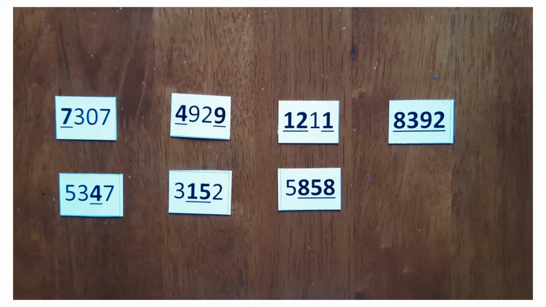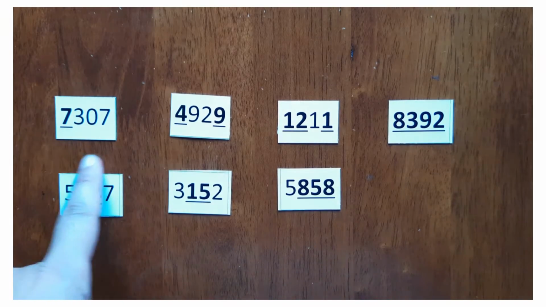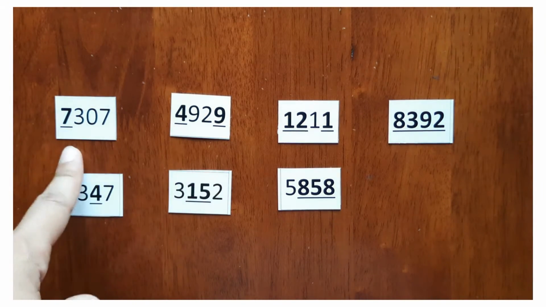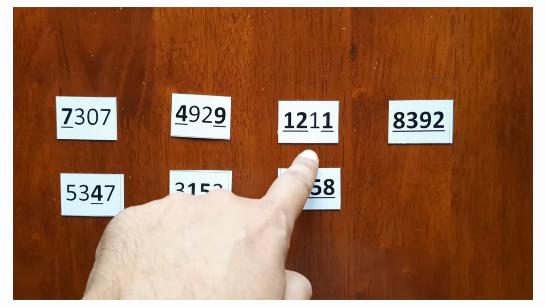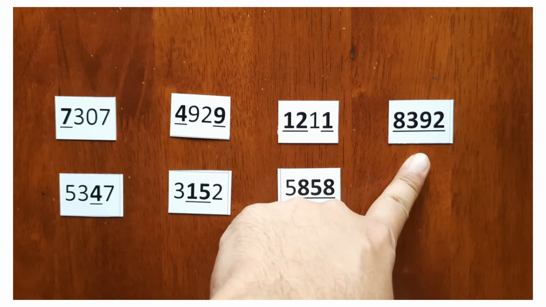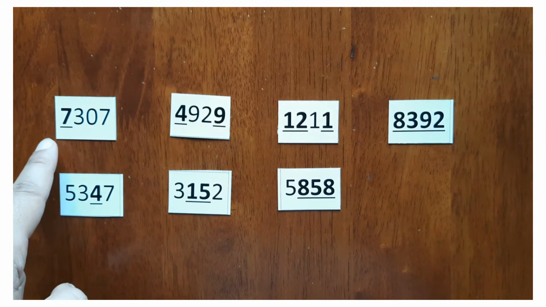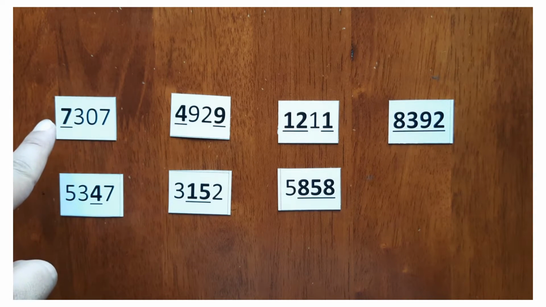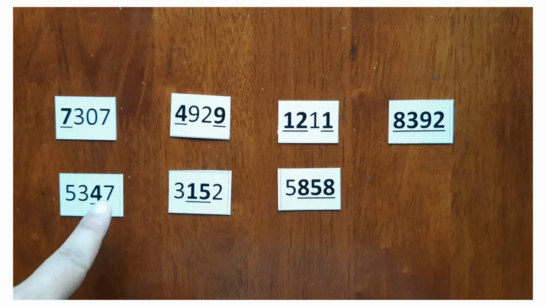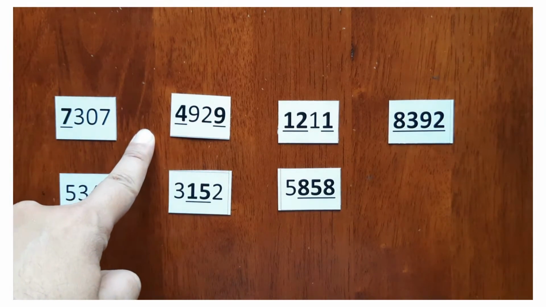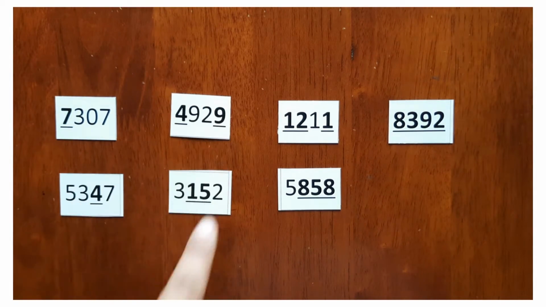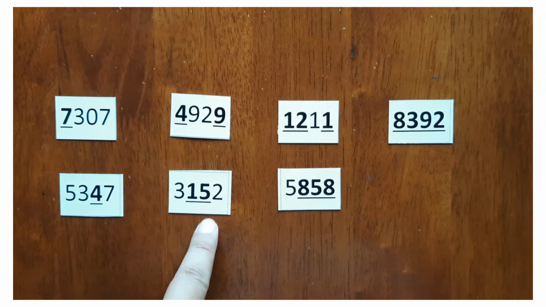The number tiles indicate which token in which hierarchy should move forward by how many spaces. Each number tile consists of a 4-digit number, and 1, 2, 3 or all 4 digits may be highlighted by way of underlining. In this case, you'll find that only 1 digit is highlighted, the thousands place here and the hundreds place here. Here you have 2 digits highlighted, the thousands and the units, and hundreds and the tens.